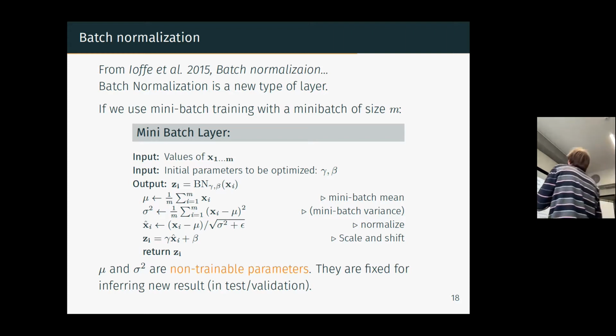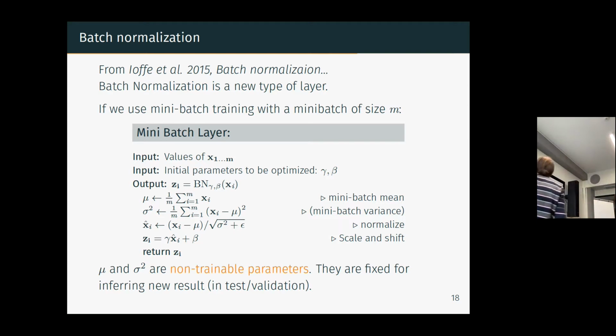It can be used only with mini-batch training, because we actually use the batch size in batch normalization. One problem is that your training will then be more sensitive to the size of the mini-batch you specify.